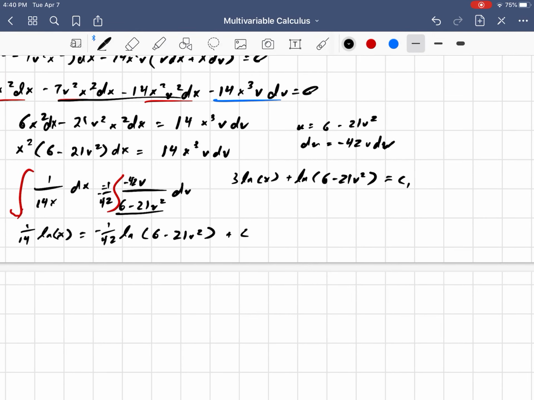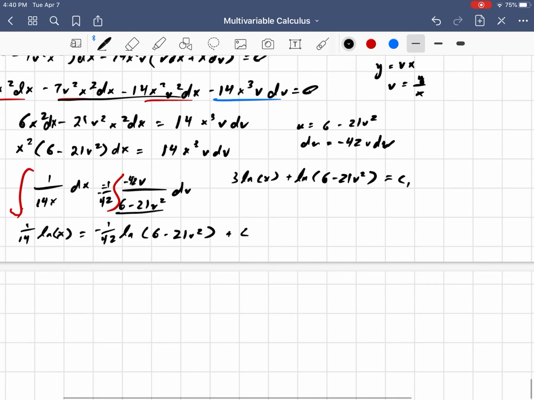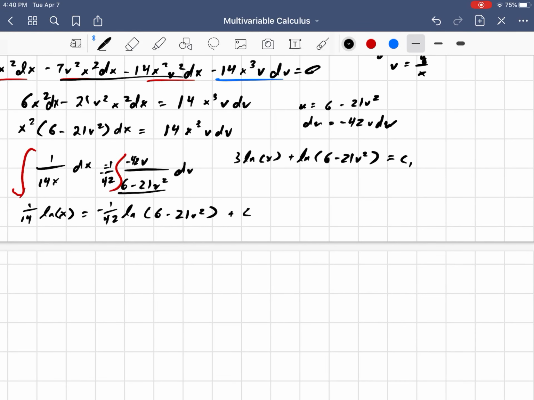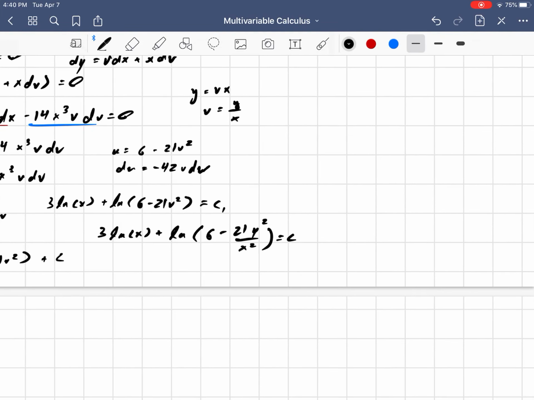Okay. So we have this. Now we just have to replace v. We said y is equal to vx, so v is equal to y over x, and so we can just replace the v with the y over x, and we'd be done. So 3 natural log x plus natural log of 6 minus 21y squared over x squared is equal to c.